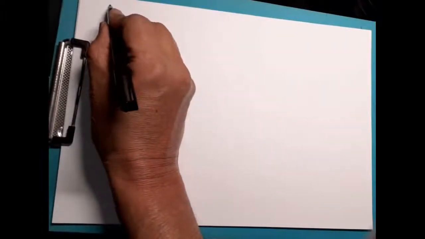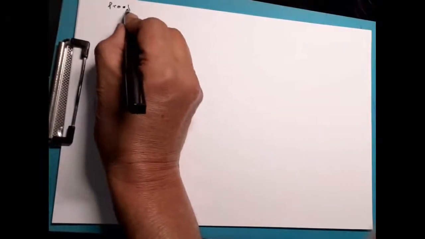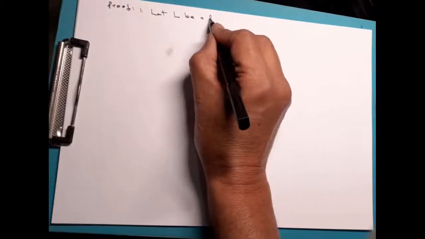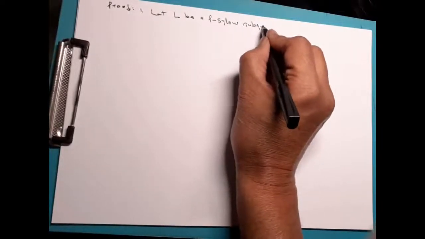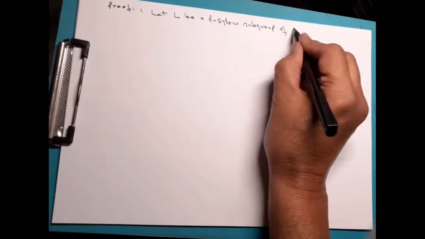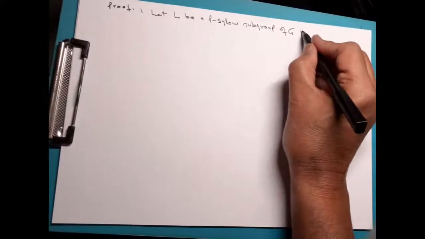So let's come to the proof of the third Sylow theorem. For the proof, we will consider a p-Sylow subgroup L. Let L be a p-Sylow subgroup of G. Then we know that the order of L must be equal to p raised to power n.